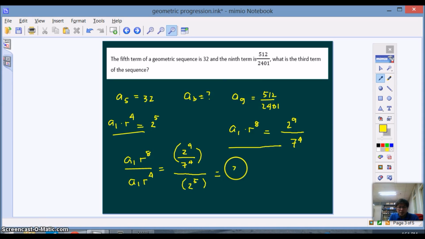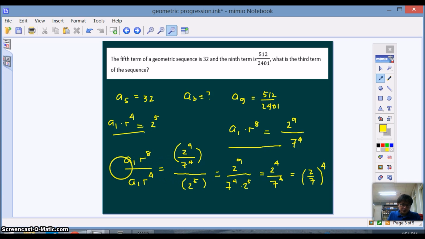So this can be written as 2 to the 9 over 7 to the 4th times 2 to the 5th. So 2 to the 9 over 2 to the 5th would be 2 to the 4th over 7 to the 4th. So this would be equal to simply quantity 2 over 7 to the 4th power.